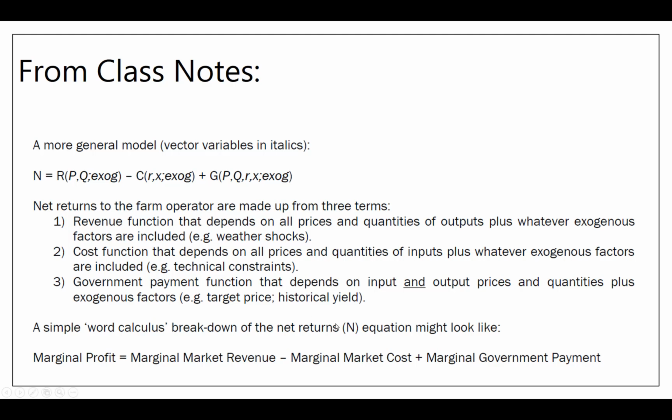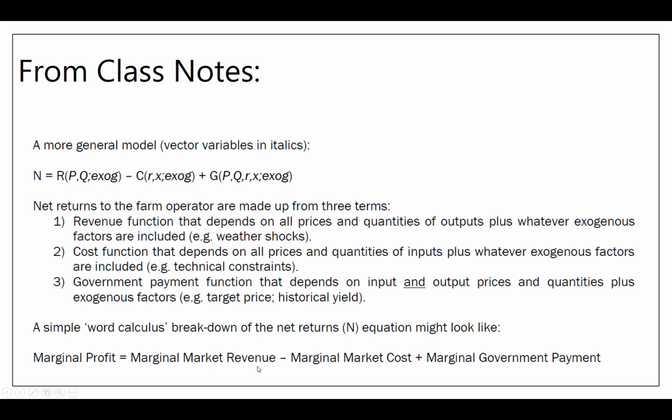And so that's where you get this piece, just these two terms together, marginal revenue equals marginal market cost, and that gives you, if the marginal profit is supposed to be set equal to zero, it means these two things must be exactly equated. Well, if there's a marginal government payment, and it depends on the output level, then that's in addition to the marginal gains.